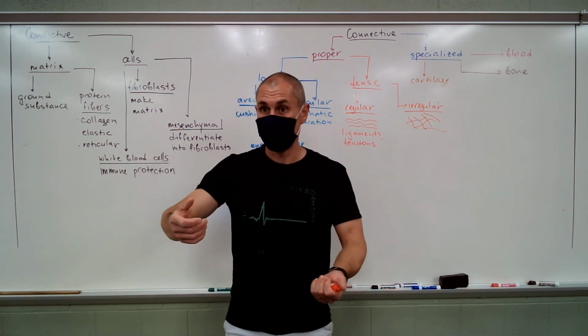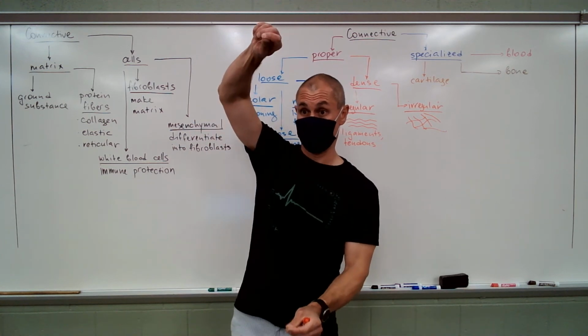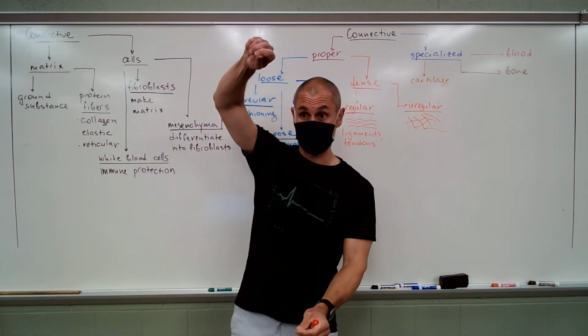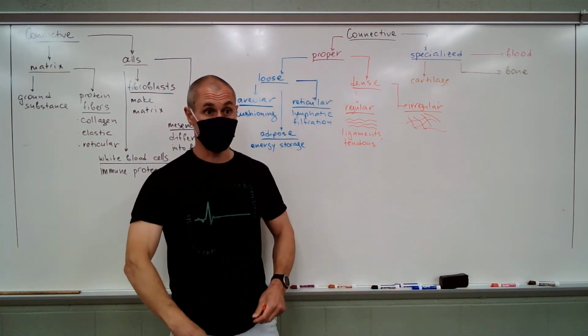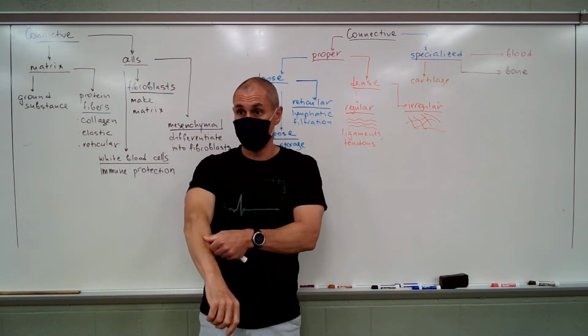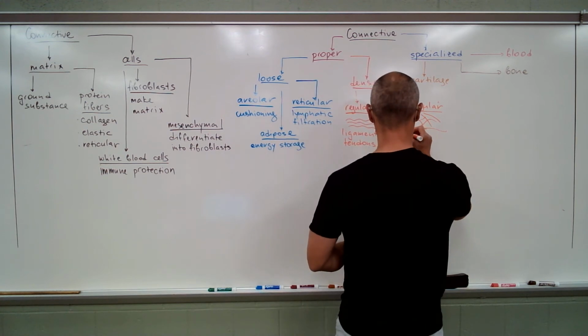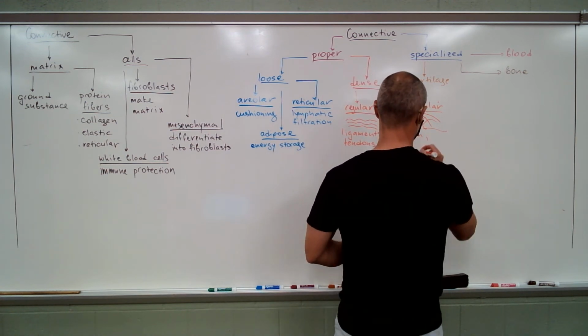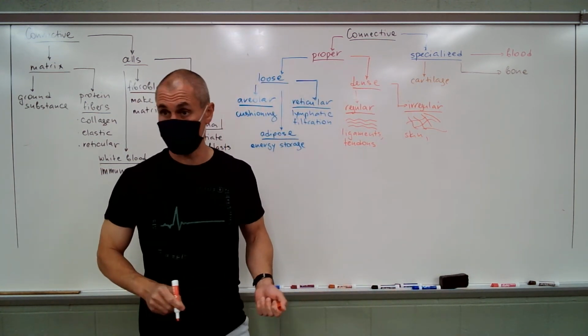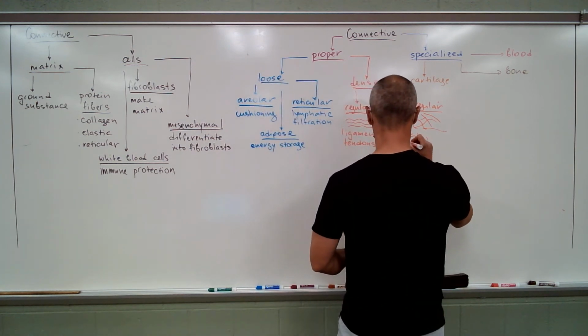The way you pull on it is vertically, right? That's the tendon, but on your skin you pull in all different directions. So you're going to find dense irregular connective tissue in the skin, as well as joint capsules that experience forces of various kinds.